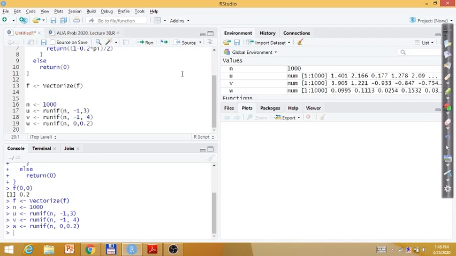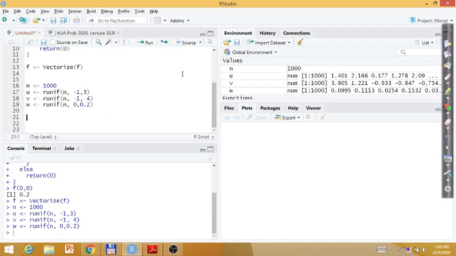So I'm running this, so I have all these numbers. I need to choose from u and v all the points such that w is less than the value of f at that point. So x is from u, I'm choosing all elements such that w is less or equal than f at u, v.